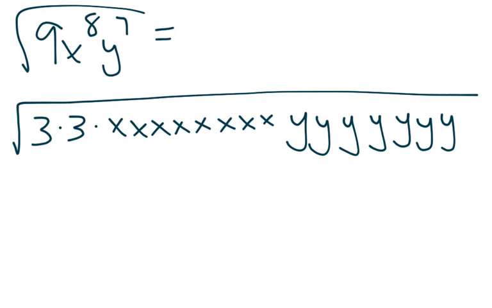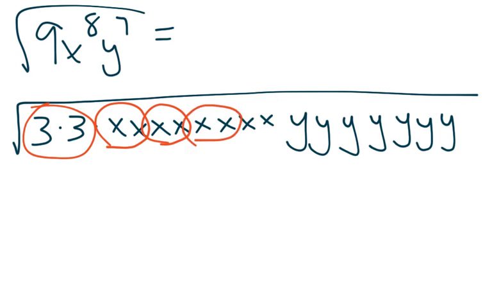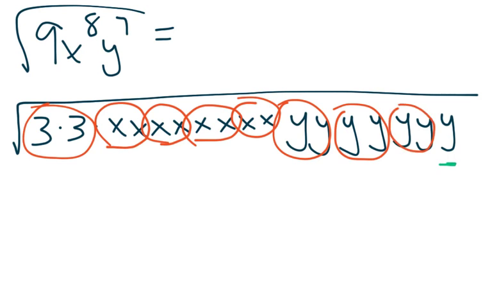Okay, I went ahead and broke down the next one, and 9 breaks down to 3 and 3. X to the 8th breaks down to 8 x's, and y to the 7th is 7 y's. So I'm looking for perfect squares. I got a pair of 3's, a pair of x's, a pair of x's, a pair of x's, and a pair of x's. I have a pair of y's, y's, y's. Notice I do have something left over, so I will have a radical in this answer.